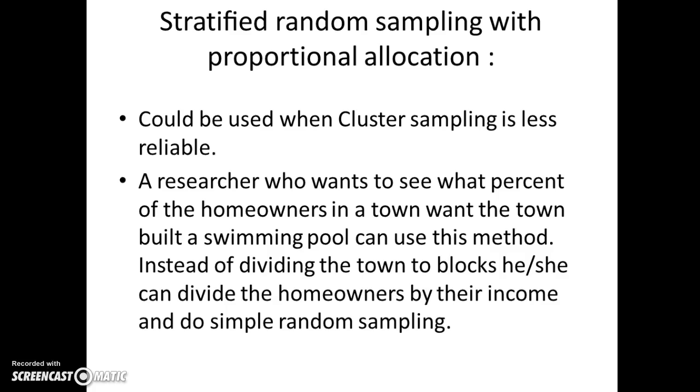For example, if a researcher wants to see what percent of the homeowners in a town want the town to build a swimming pool, they can use this method. Instead of dividing the town into blocks, they can divide the homeowners by their income. So income is going to define the subpopulations: high income, middle income, and low income. Then from those subpopulations, you gather the members. This is how you get the sample.